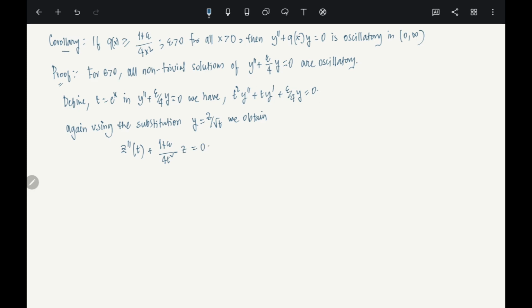Now, since z of t equals e to the power x by 2 times y as a function of t, this equation, maybe double star, is oscillatory.